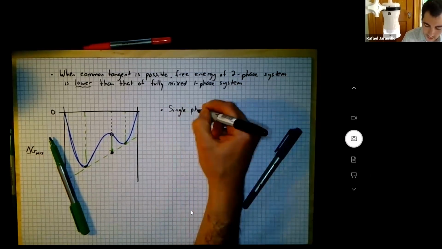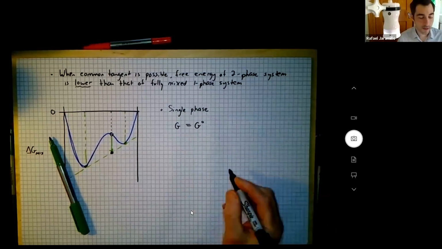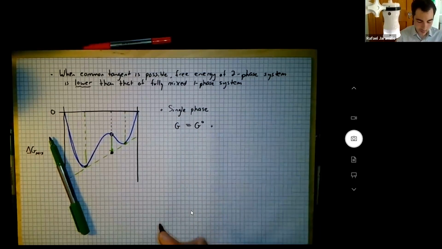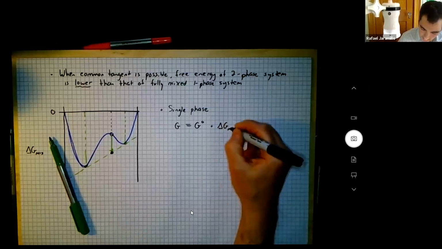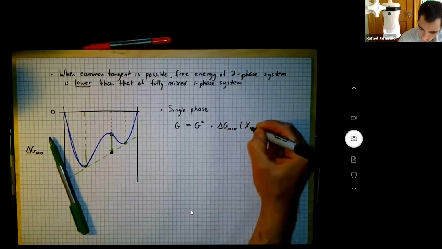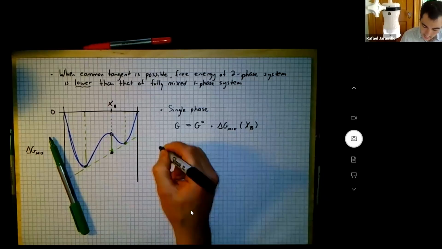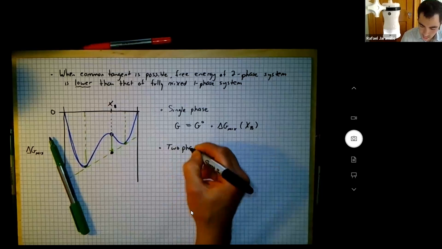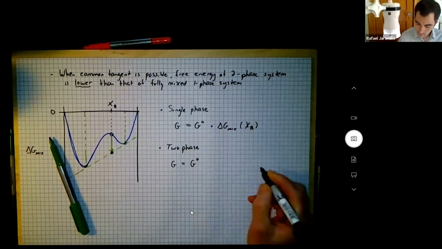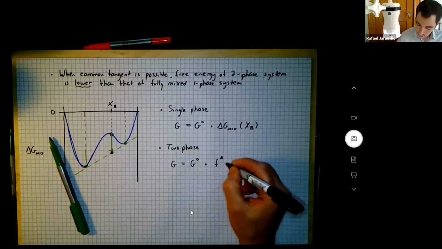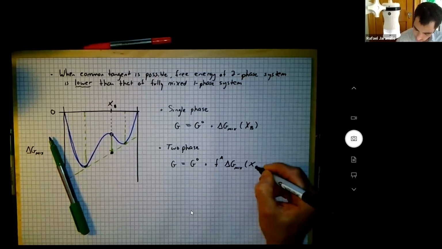So the Gibbs free energy of the single phase system equals the Gibbs free energy of the components in their pure state, plus the value of this curve evaluated at the overall composition, plus delta G mix evaluated at overall X_B. And for two phases, the Gibbs free energy is, again, the Gibbs free energy of the components unmixed, plus the Gibbs free energy of each of those two phases.